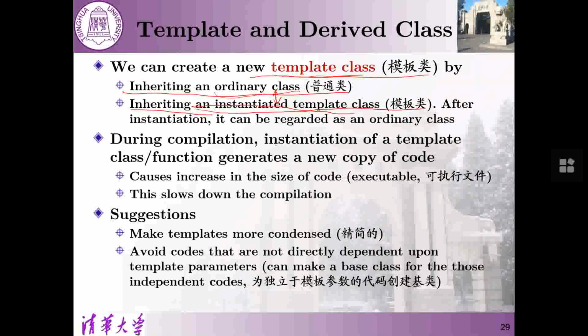During compilation, instantiation of a template class or function generates a new copy of code. So if there are different function calls with different data types, then there will be many versions of the code. Then this will cause an increase in the size of the code. This code corresponds to the executable code, so the size of the executable will be increased a lot. This also slows down the compilation time.